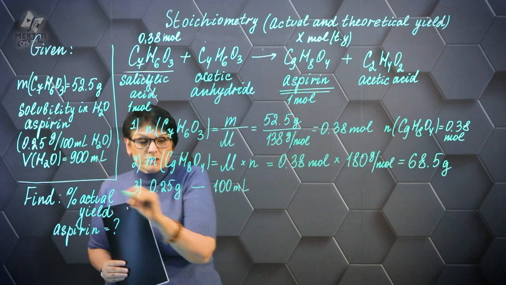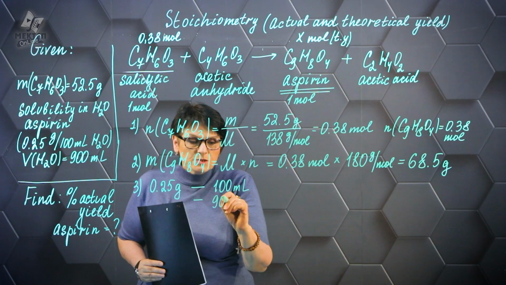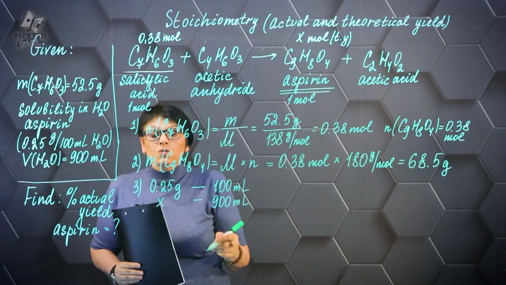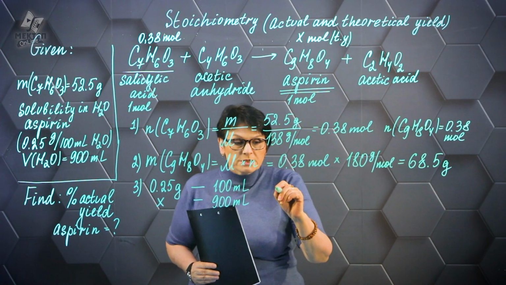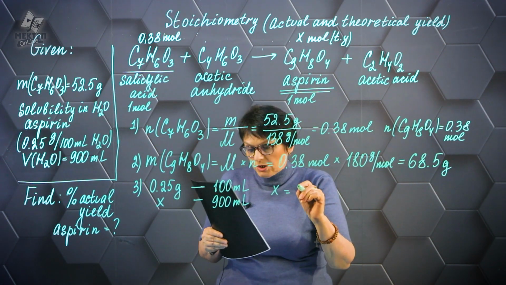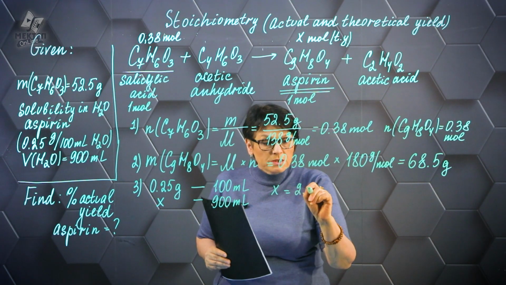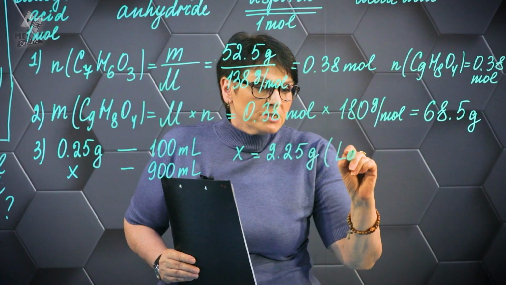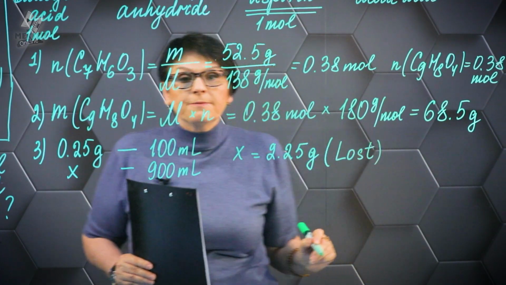And we have 900 milliliters of water. So let's calculate how much aspirin is lost. This value will be 2.25 grams. That's the amount of aspirin that will be lost.